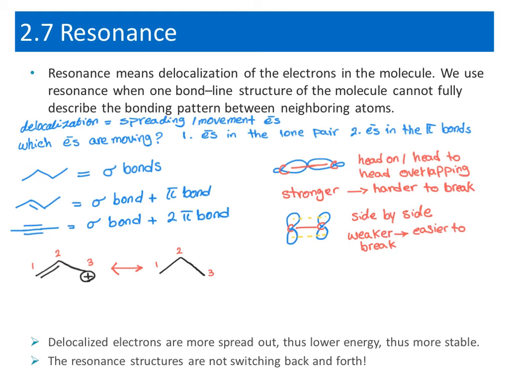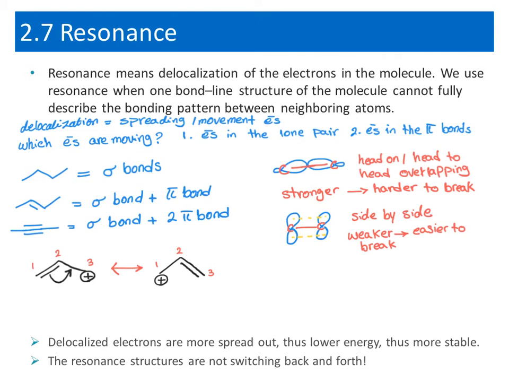Here I have a pi bond, I can see it. So I can move the electrons in the pi bond and move them between carbon 2 and carbon 3. Now by movement of these electrons, what's happening here? This carbon now gets electrons, so it doesn't lack electrons anymore. However, carbon 1 loses the pi electrons, so this one gets the plus charge.